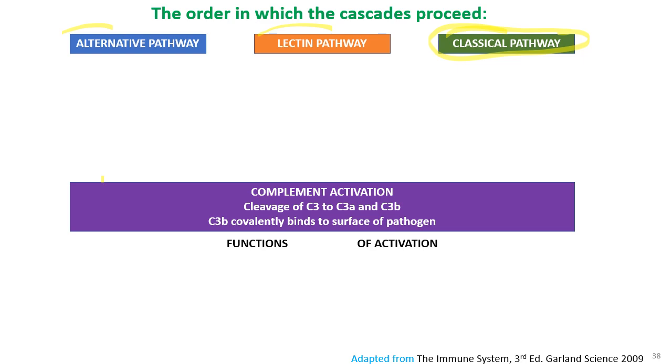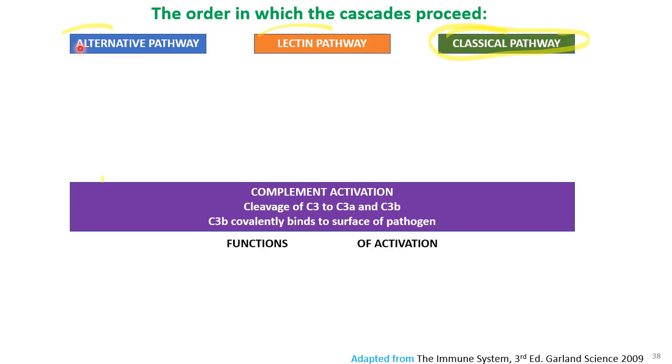So at first, forget about the classical pathway. It's not going to be surveilling anything, because if you didn't see the pathogen, you did not activate the adaptive system. So the first one that comes into action is actually your alternative pathway. Don't ask me why. Immunologists always like to make things more complicated. The first one, always surveilling, is the alternative pathway.